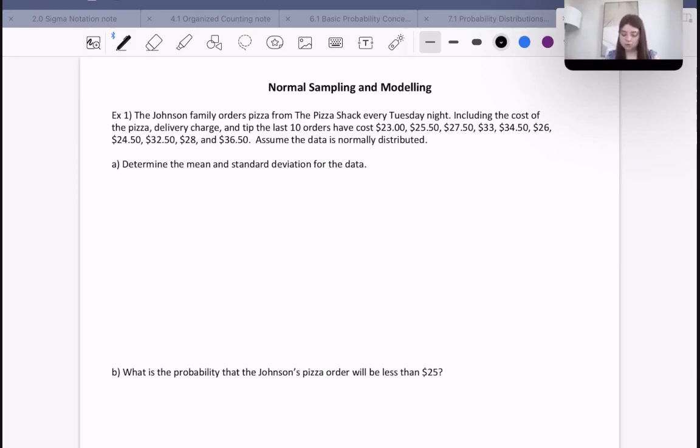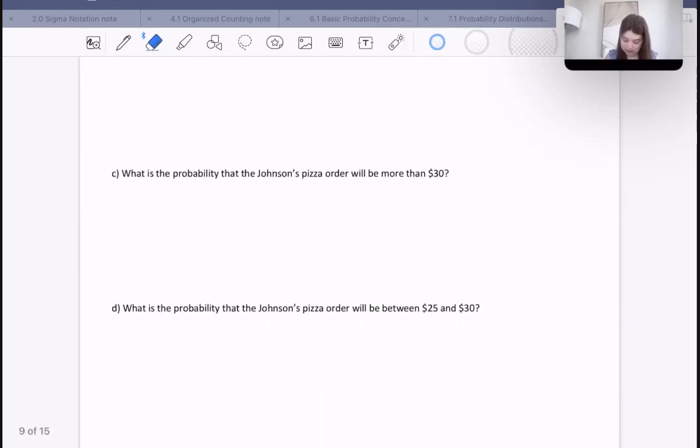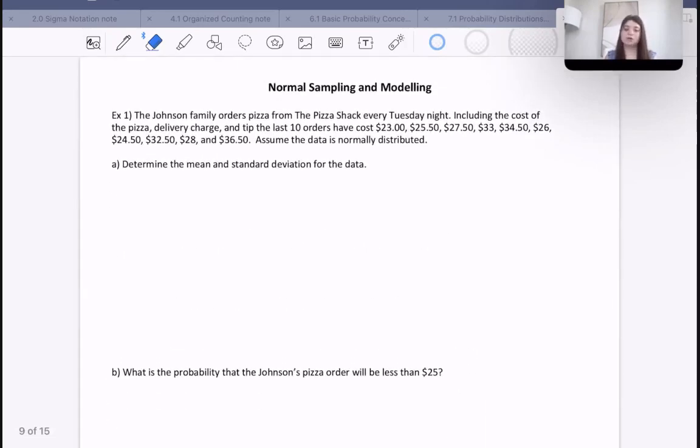This first question, we actually don't need to know that it's a normal distribution in order to do this. This is stuff back from Unit 2. Now, that said, Unit 2 was a while ago, so I do think it's worth going over it again, and so I'm going to do so here. It's really question B and question C and question D that we're going to need to use what we learned in the last lesson in order to solve this. So let's figure it out.